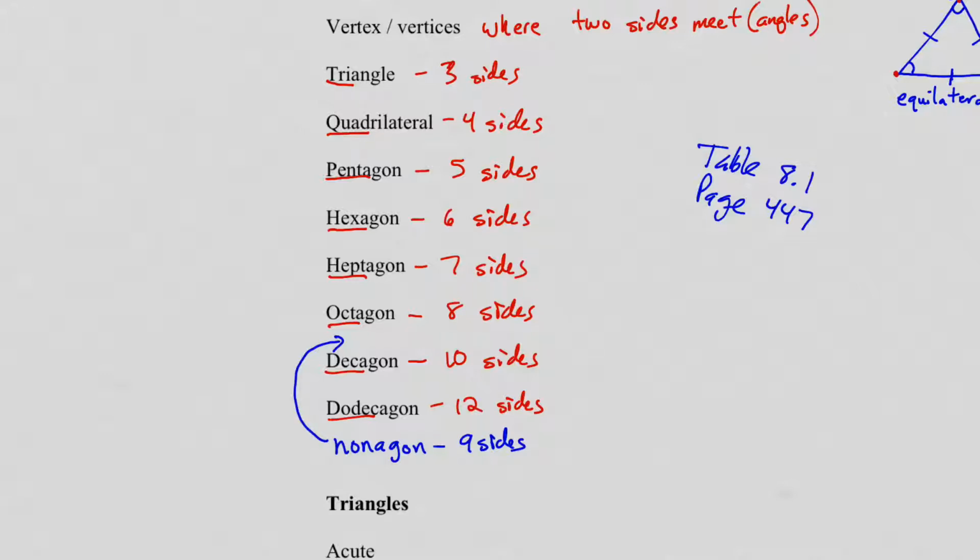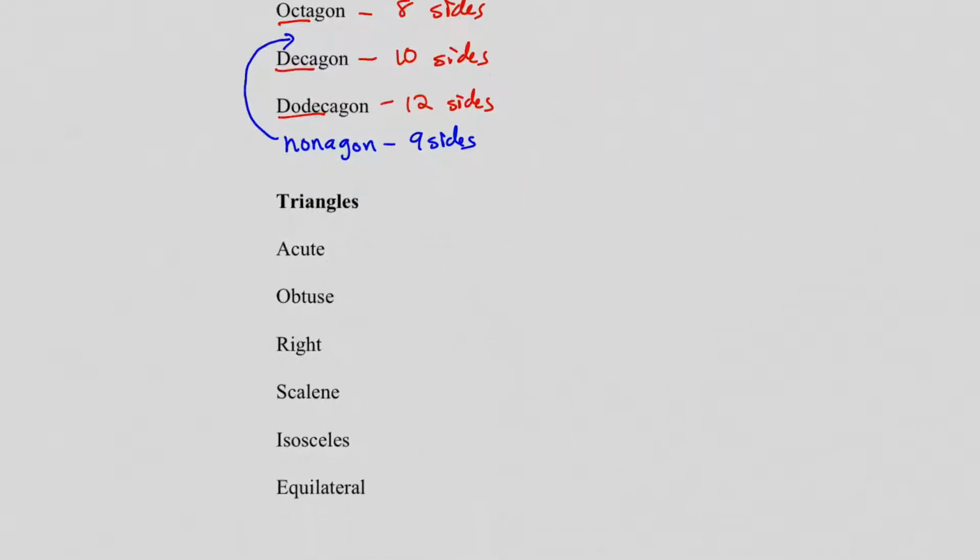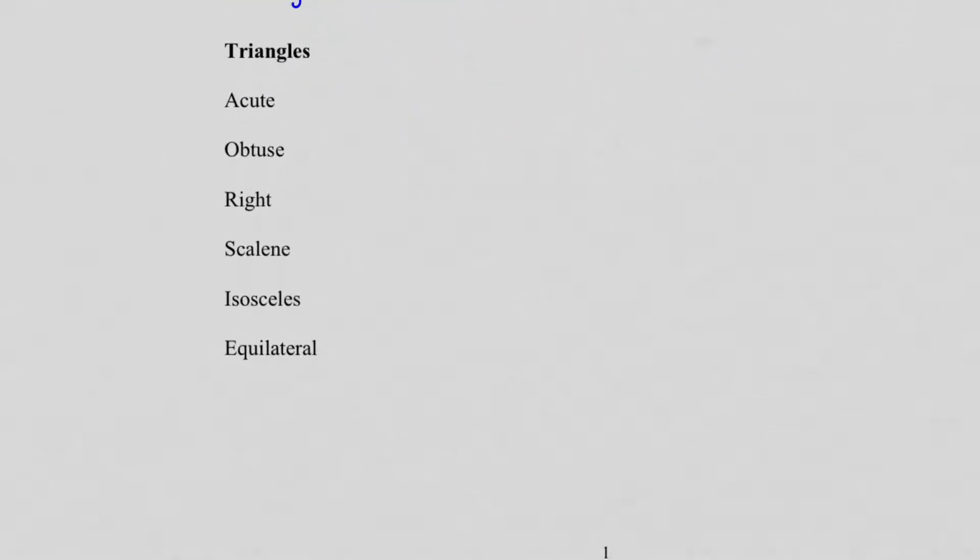All right, now let's talk about triangles specifically. There are various types of triangles, and the first one's acute. This is where all three angles are acute. Okay, so you know that's less than 90, greater than 0.